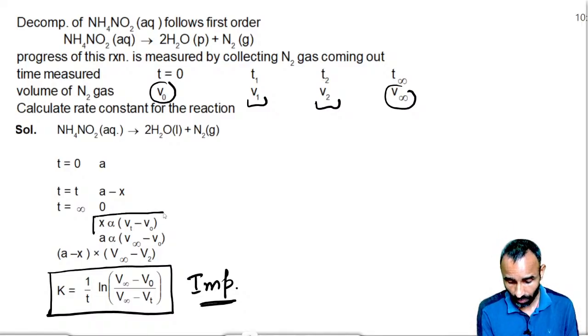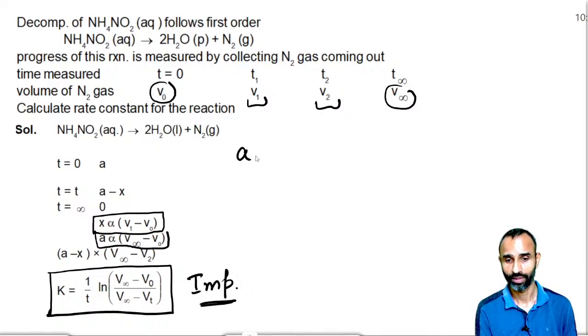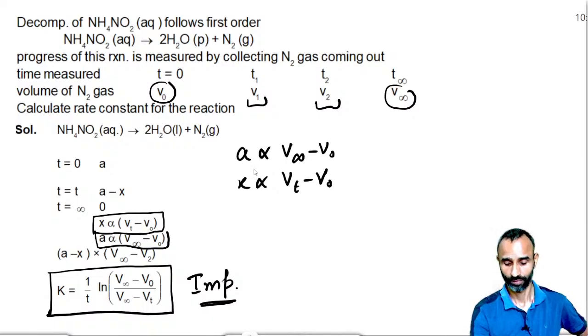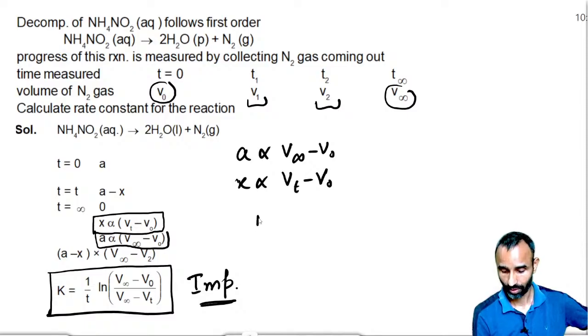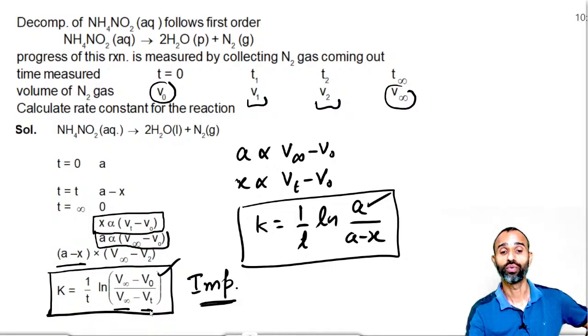X is proportional to Vt minus V naught, and a is proportional to V infinity minus V naught. k is equal to 1 upon t natural log of a upon a minus x, and a is V infinity minus V naught, and a minus x is V infinity minus Vt.